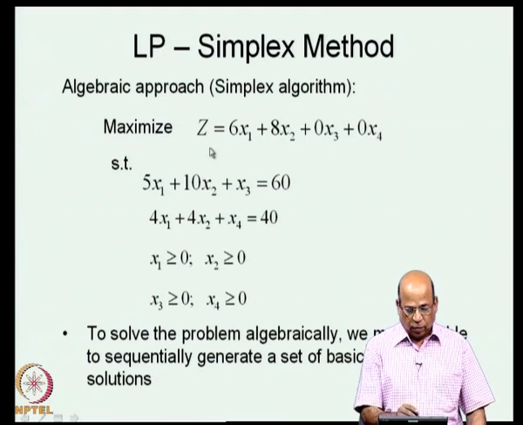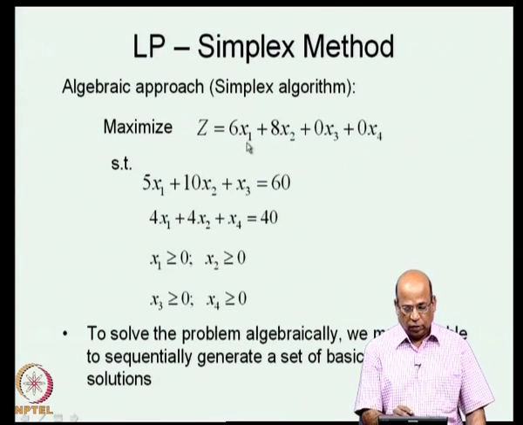This is our original problem, where we had maximize z is equal to 6 x 1 plus 8 x 2. This was the original objective function. We introduced the slack variables x 3 and x 4, because these were not there in the earlier problem and they should not influence the objective function.